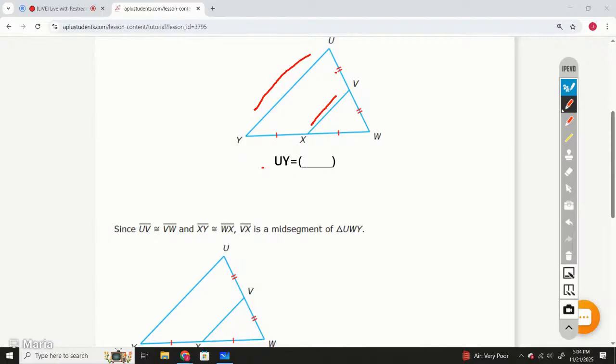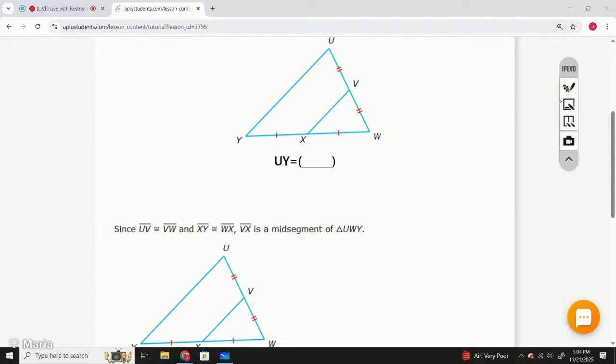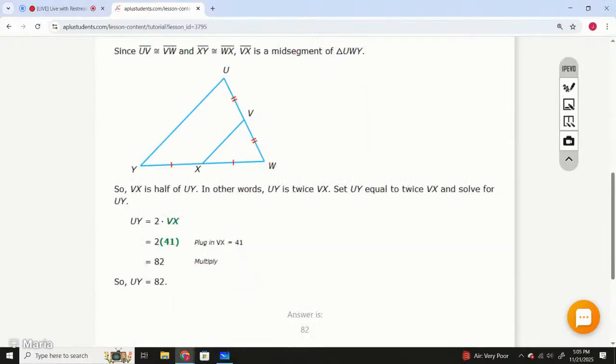Vx is the mid segment of UW and Y. Like this line is the mid segment of UW and Y. So Vx is half of Uy.